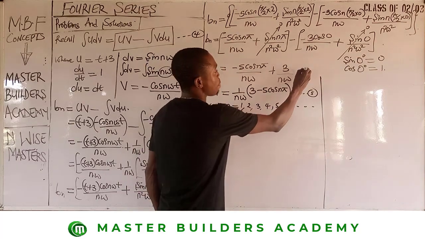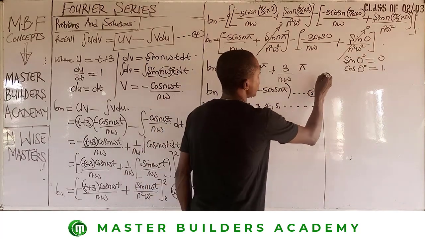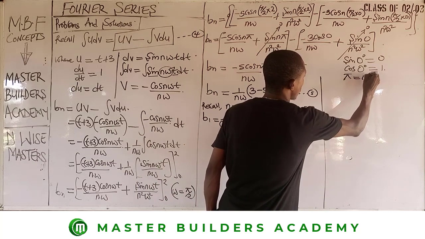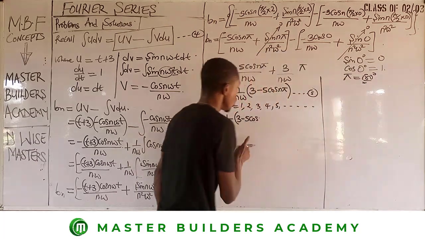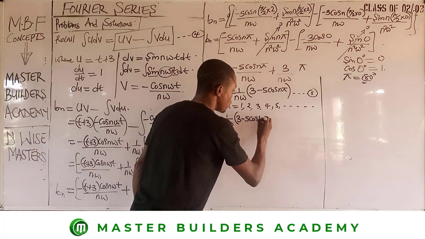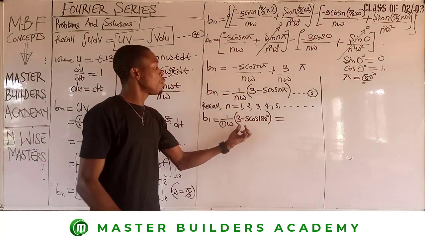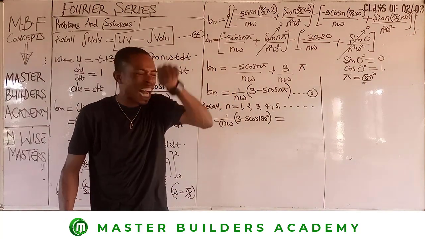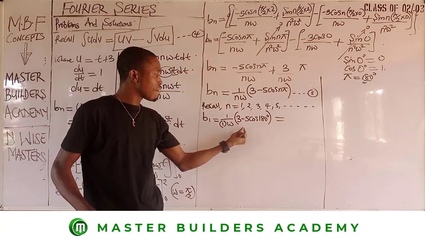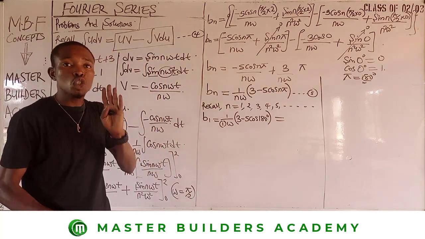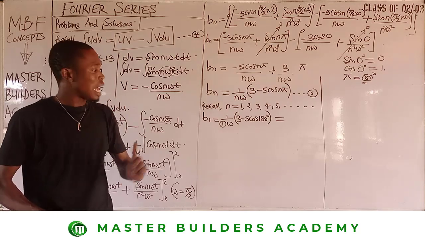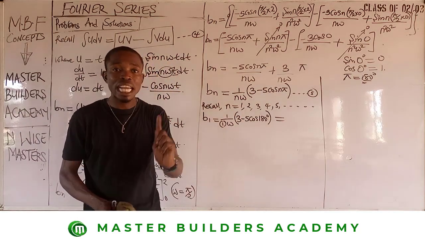Now remember again that pi, as we are using here, is equal to 180 degrees. So 1 times 180 will give us 180 degrees.